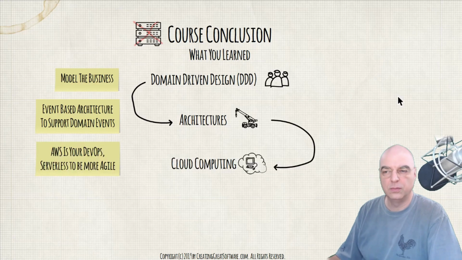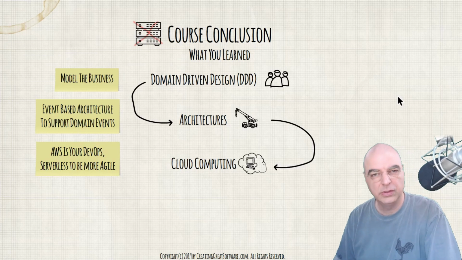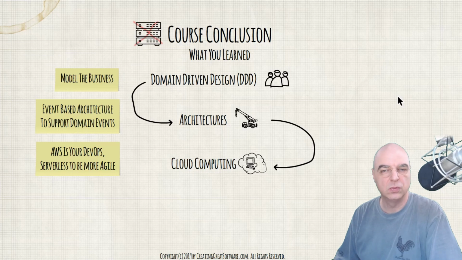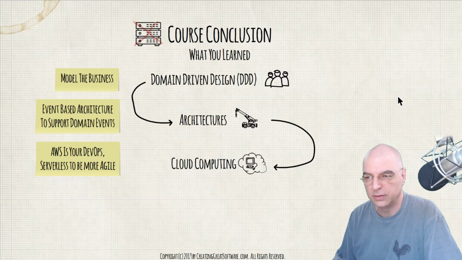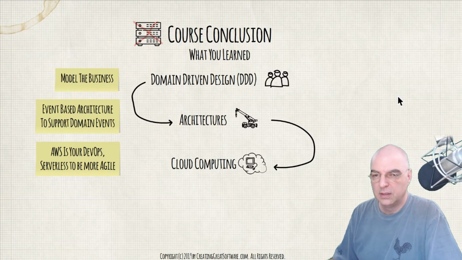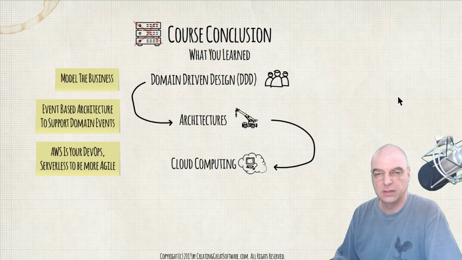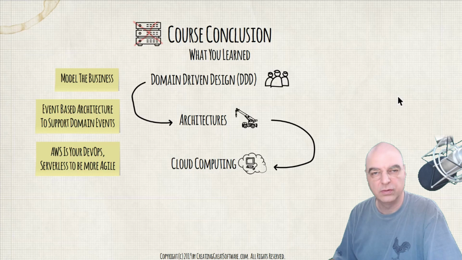Next, we looked at cloud computing. AWS is your DevOps. Serverless is to be much more agile, if you remember those two points. With cloud computing, you want to take advantage of the cloud provider services. They already have staff at the cloud providers' locations all around the globe. Why would you not want to take advantage of this?